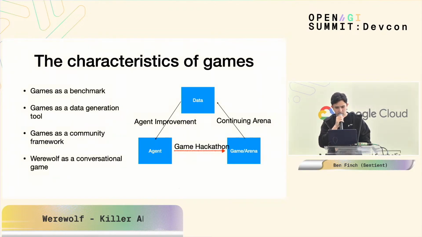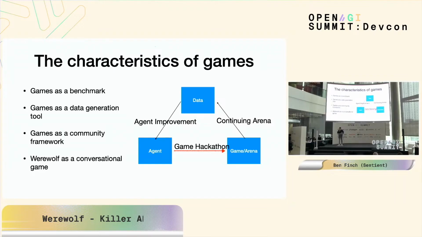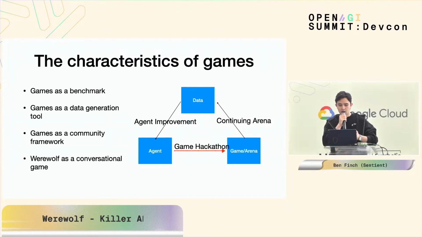And the reason why AI researchers have been using these games is because they're very useful for a number of reasons. They're useful as a benchmark. They're useful as a data generation tool. And I think uniquely in our case, they're useful as a community framework.